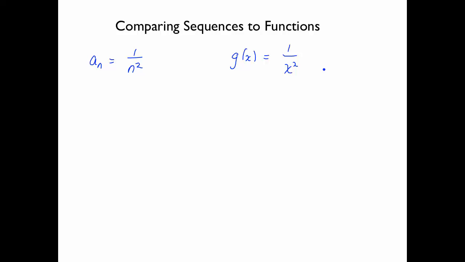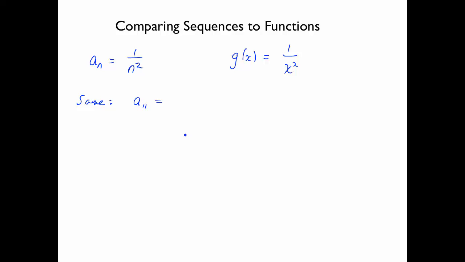Okay, so how are these the same? Well, it's the idea of input and output, or an independent variable and a dependent variable. What's a of 11? What am I asking for?